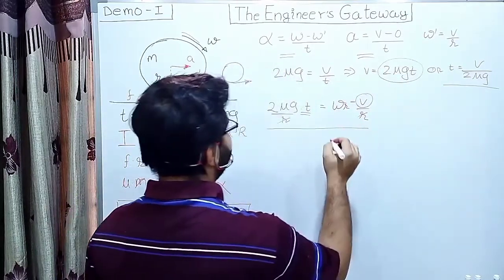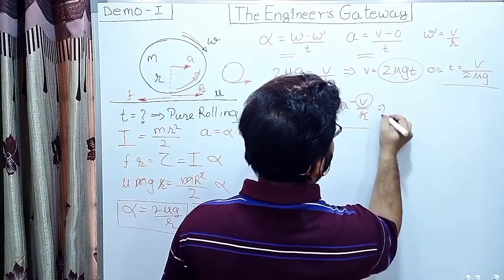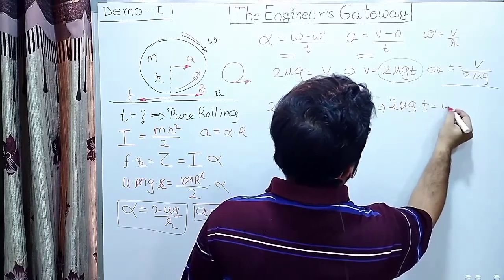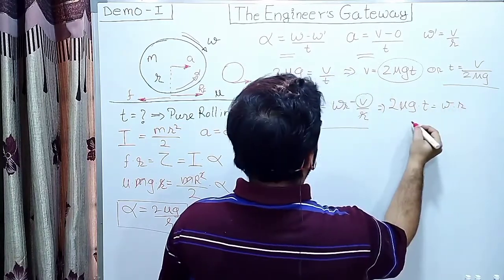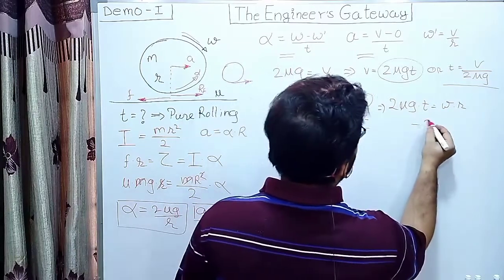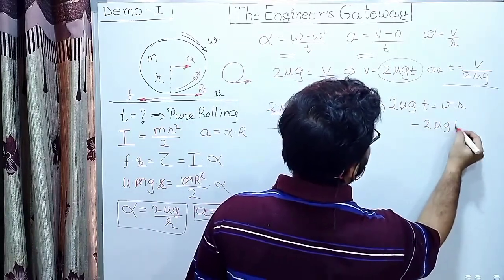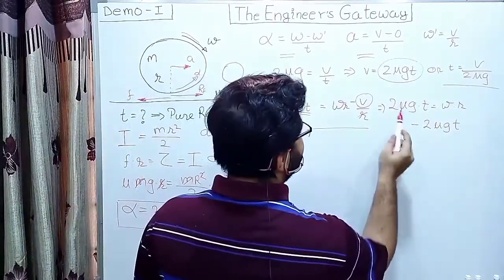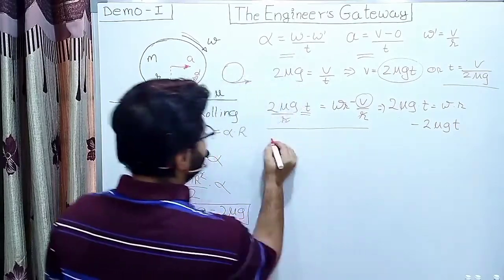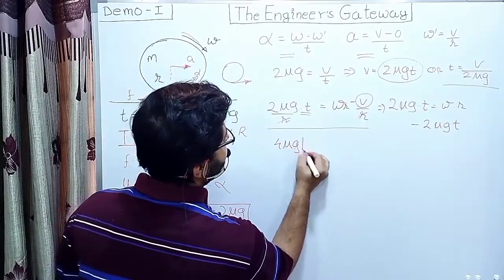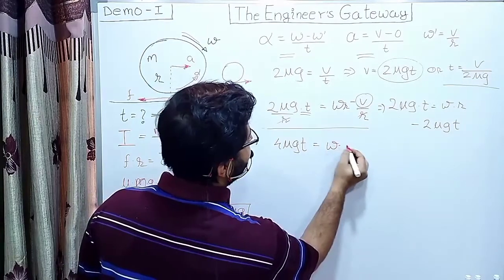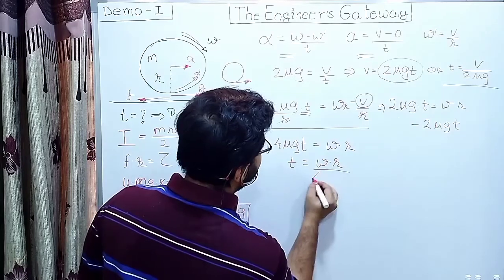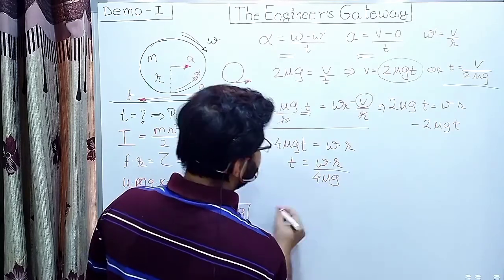This will give us 2 mu g into t is equal to omega into r minus 2 mu g into t. Now taking this over to this side, we get 4 mu g t is equal to omega r. So t will be equal to omega into r upon 4 mu g.